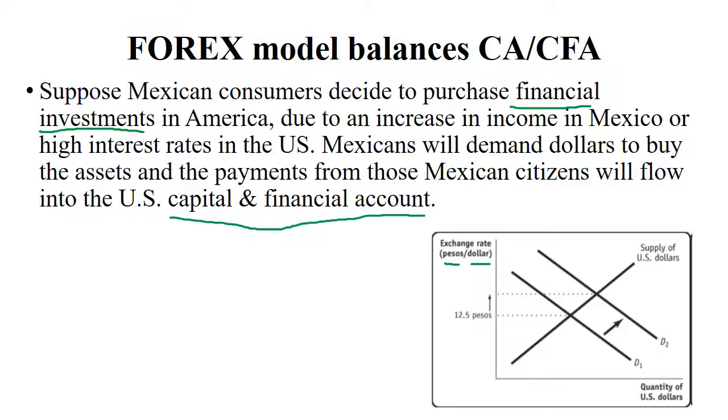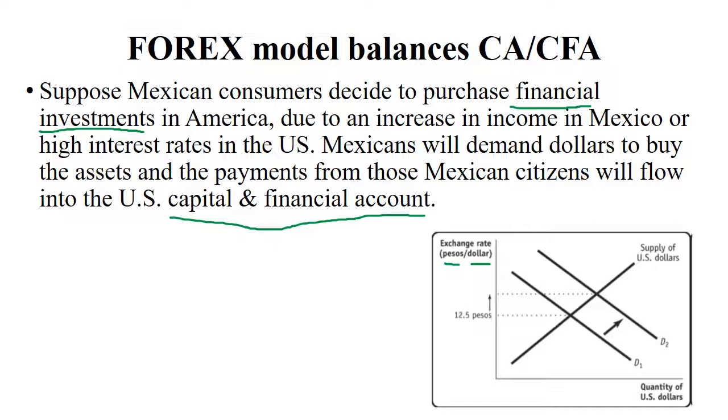And they might decide to buy more assets in America for a variety of reasons. Maybe there's an increase in the real income level in Mexico, and so they are able to buy more of these assets. Or maybe there's higher interest rates relatively in the US, meaning that they're higher in the US compared to Mexico. And that also would make Mexicans decide to buy more assets if they're going to earn a higher interest rate.